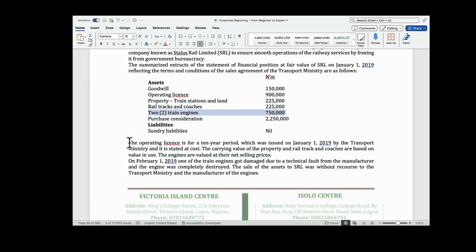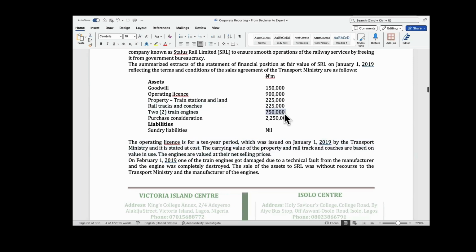This paragraph is just trying to define the values here. The operating license is at cost. The property and railway track are value in use. These 2 train engines are at net realizable value, selling price or fair value. All that information was given on January 1st, 2019.